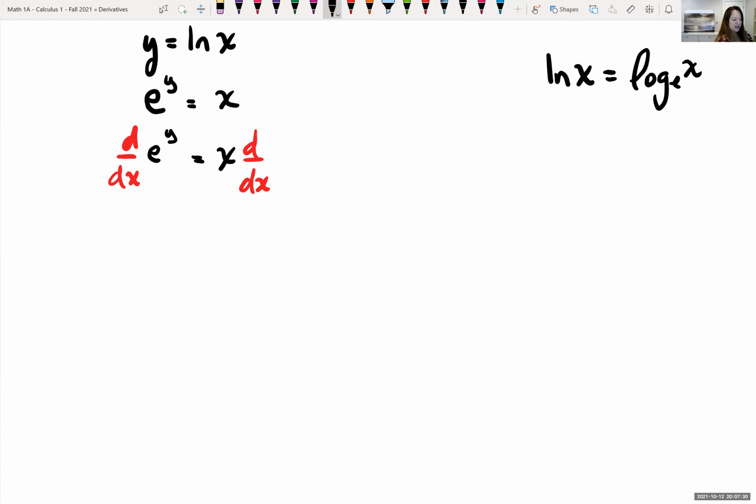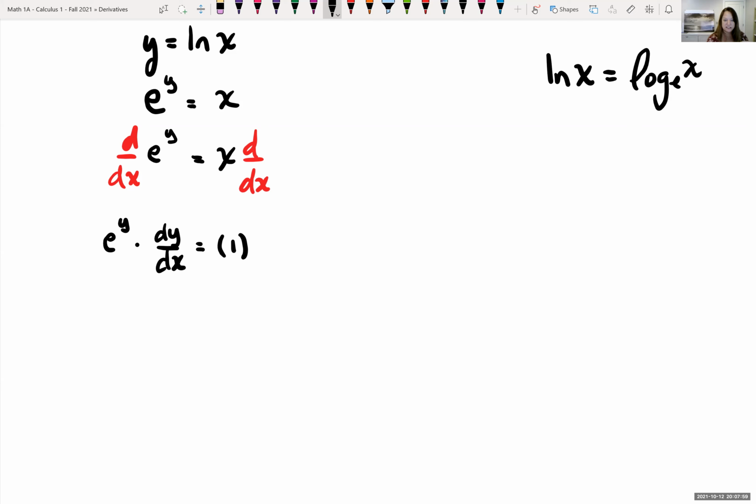And so the derivative of e to the y is just e to the y times the derivative of the inside function, which is y, which is dy dx. Equals, so the derivative of x, that's just 1. So let's solve for dy dx.